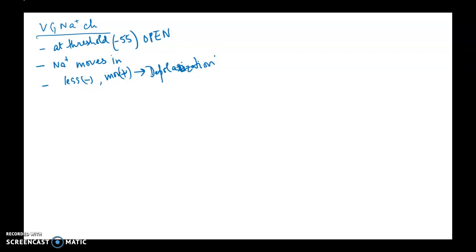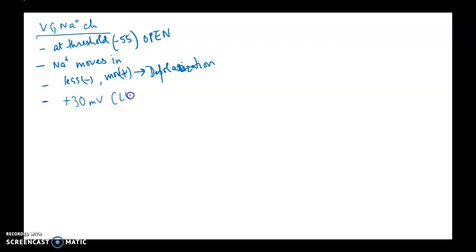And when do these voltage-gated sodium channels get deactivated? Well, the membrane polarity changes to less negative, less negative, to 0. Ultimately, it moves to the positive side, and these channels close at positive 30 millivolts.